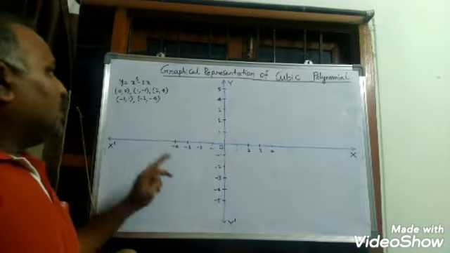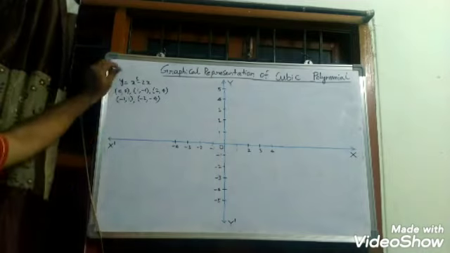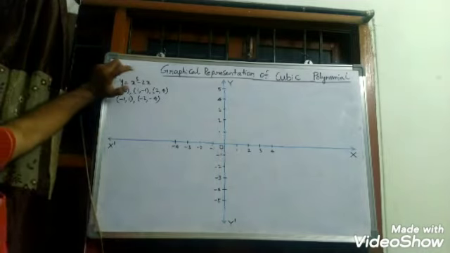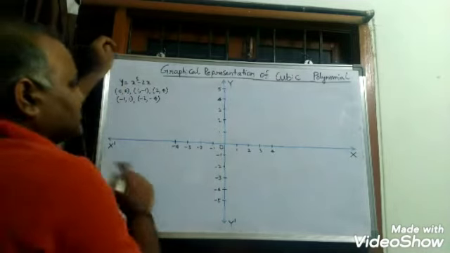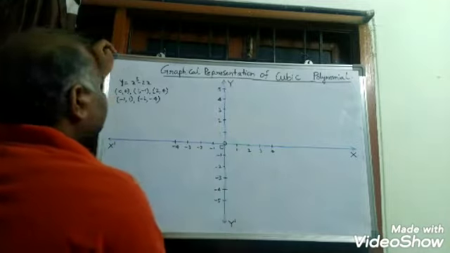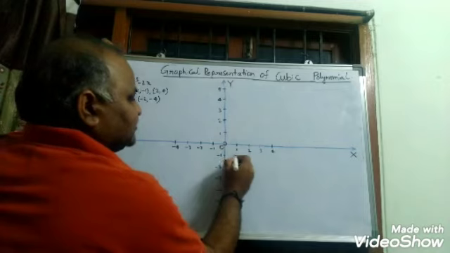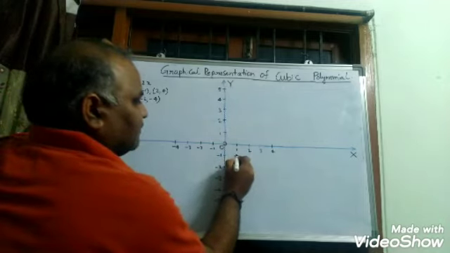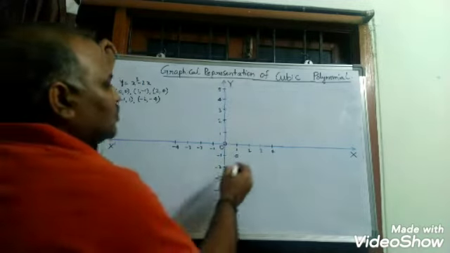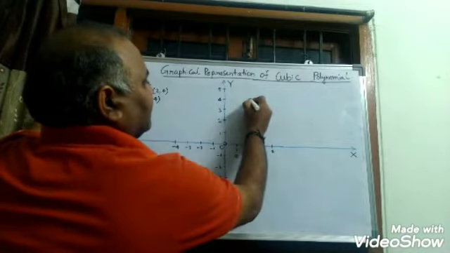Okay, now let us plot these ordered pairs for the polynomial x cube minus 2x. The first ordered pair is origin itself, 0 comma 0. Second one is 1 comma minus 1. We can expect here 2 comma 4 can be here.